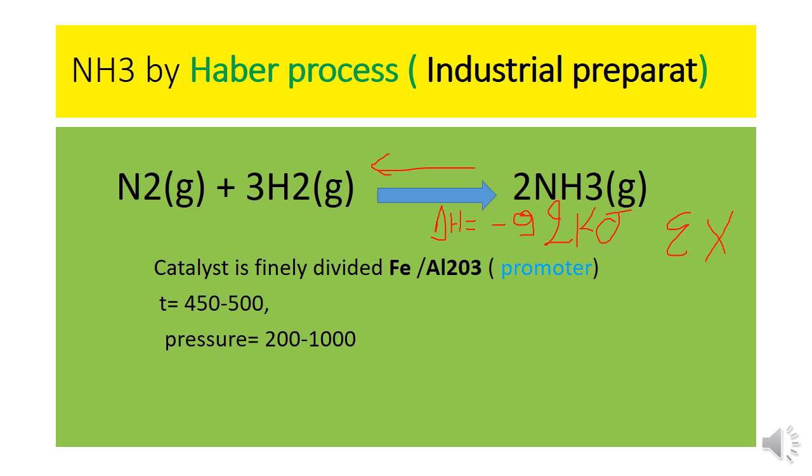We use a catalyst, which is finely divided iron with aluminum oxide. This aluminum oxide acts as a promoter. We use this temperature interval, and this pressure.